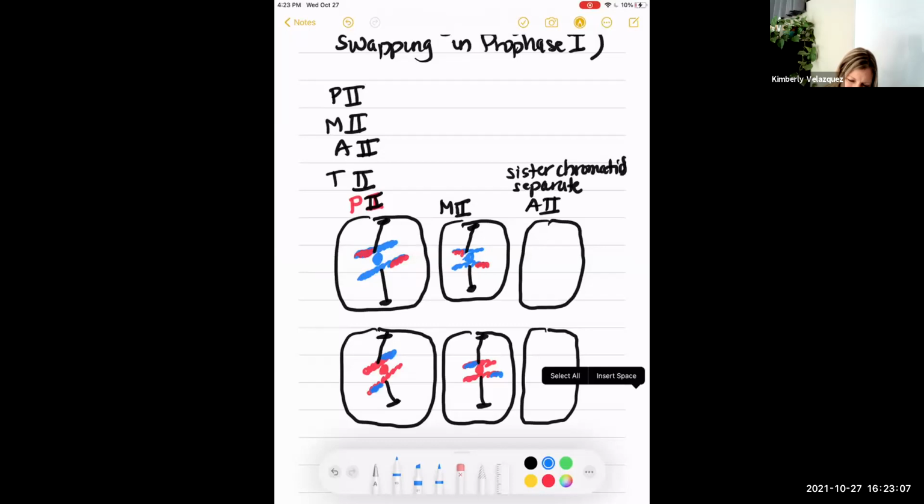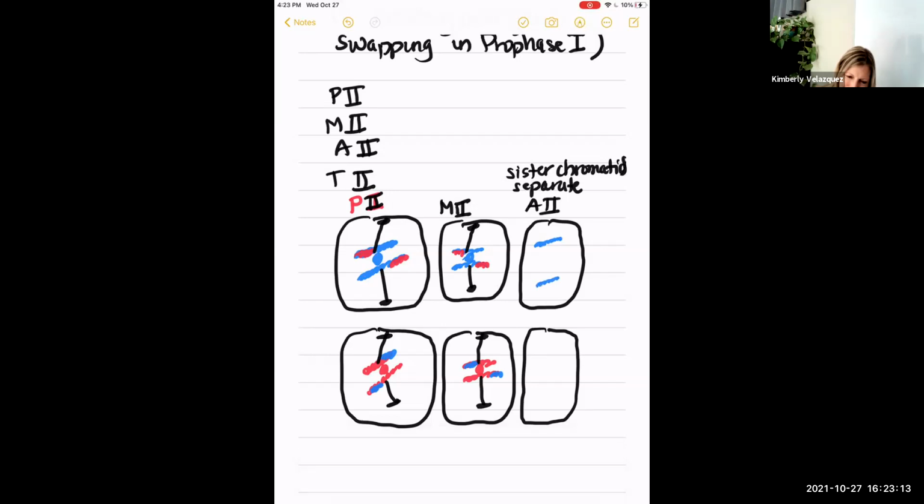I'm already realizing I didn't leave enough room for the rest of the story here. Those are going to divide to become 2 separate cells, which is going to make 4 because each of those is going to split in half.